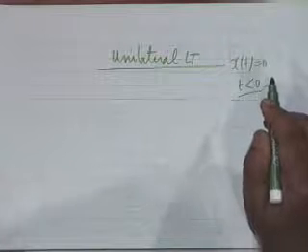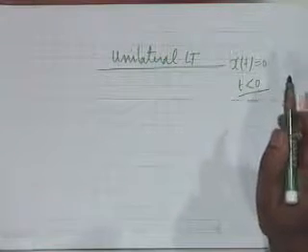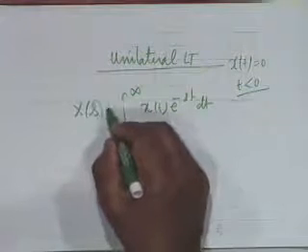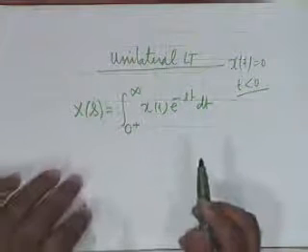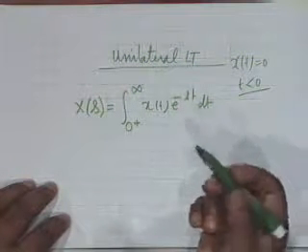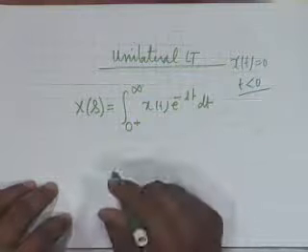For such signals, obviously the Laplace transform definition starts from 0, and this 0 is to be meant as 0 plus. So, integral from 0 plus to infinity of x of t e to the minus st dt, and this is called the unilateral Laplace transform. Sometimes one uses a different symbol, but we shall use the same symbol. It should be clear in the context what we are talking of.